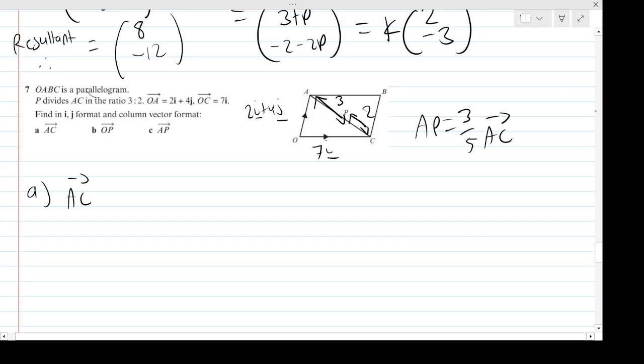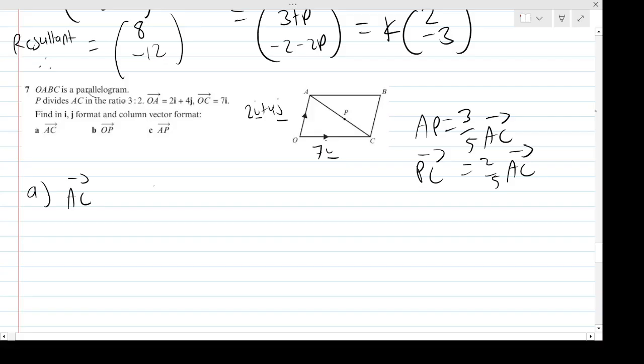And then we can also say that P to C is also going to be the remaining 2/5, right? Remember, I'm considering the whole total, right? If the whole line AC is the whole part, now that's 5 parts, right? So it's going to be 3/5, right, of the line AC.